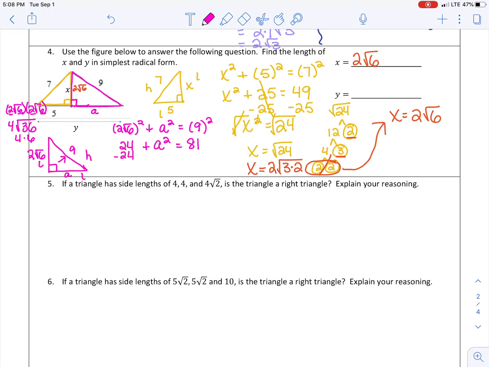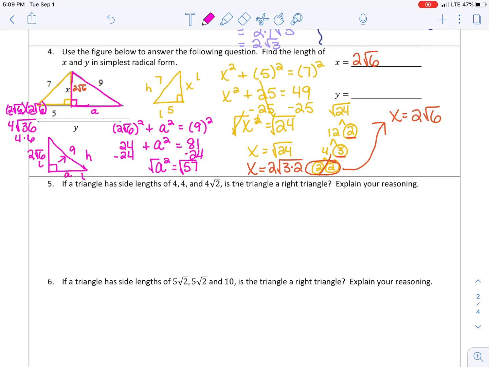We're going to subtract the 24 on both sides. And we get 81 minus 24 is 57. So we have a squared equals 57. We need to take the square root. Now, if you try to break 57 down, I don't think it breaks down at all. Let's see. Oh, wait, it does. It breaks down to 3 and 19.